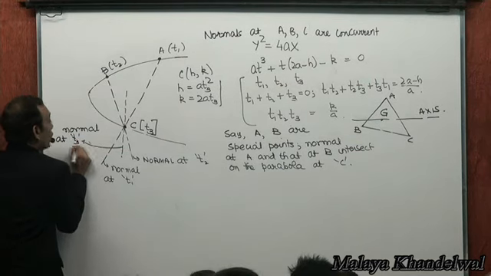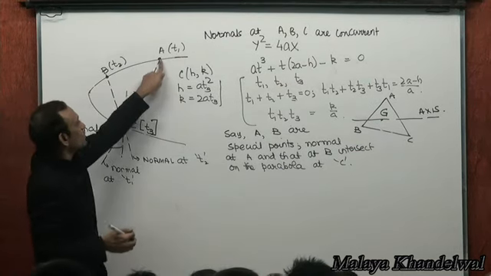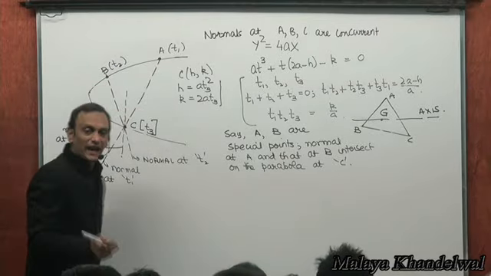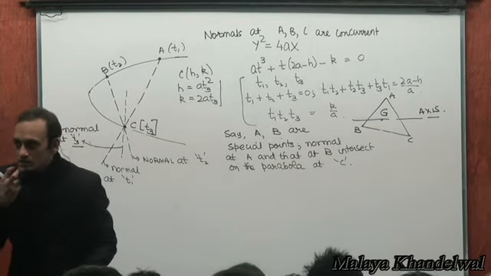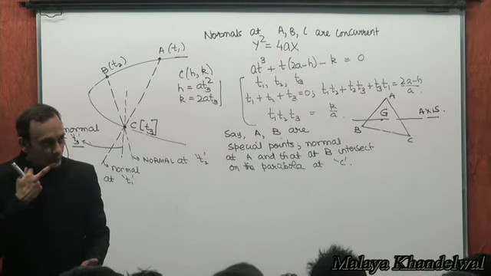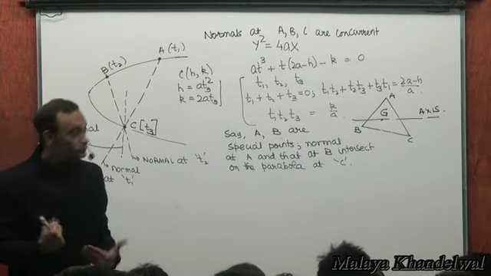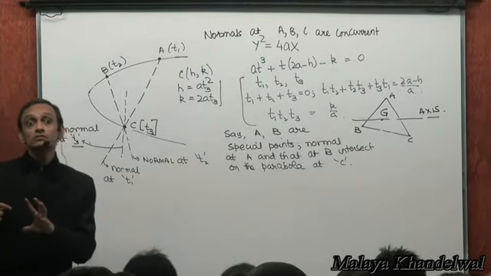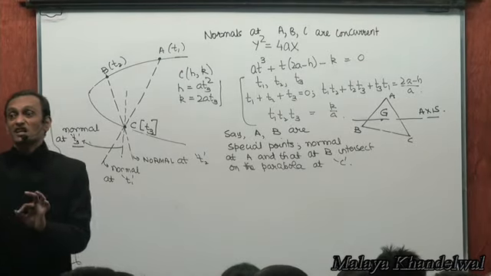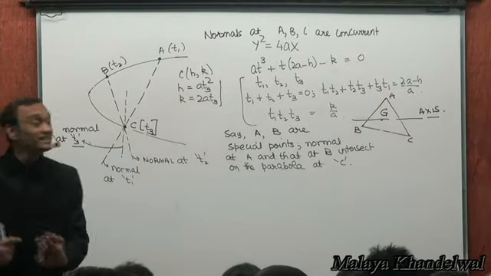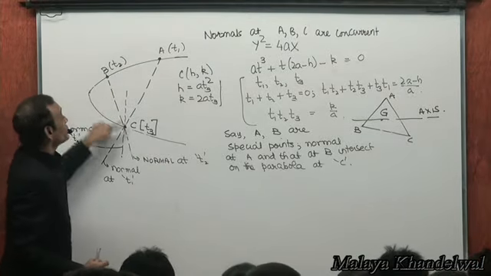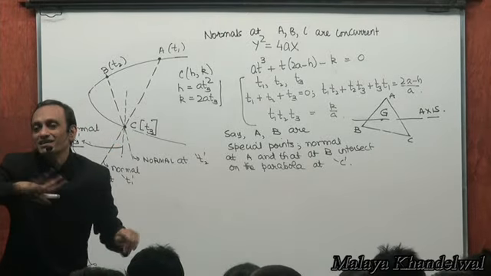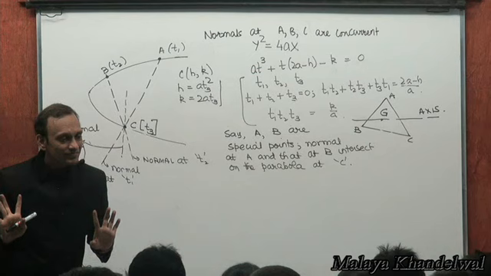From any point on the parabola, you could have drawn a normal, let's say, at T1, a normal at T2, and a normal at that point itself. Isn't it? Yes or no? Which means T1, T2, T3 are feet of 3 normals drawn from C. Can I say that?